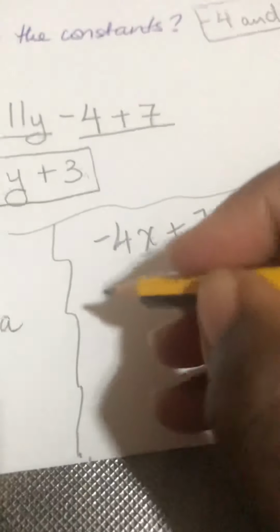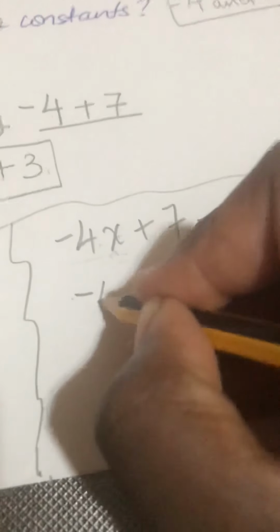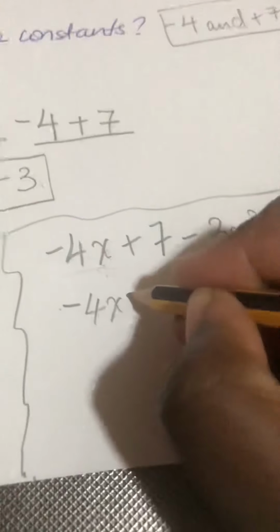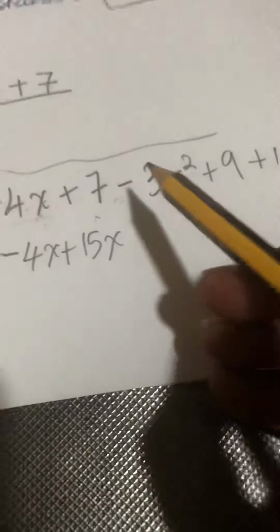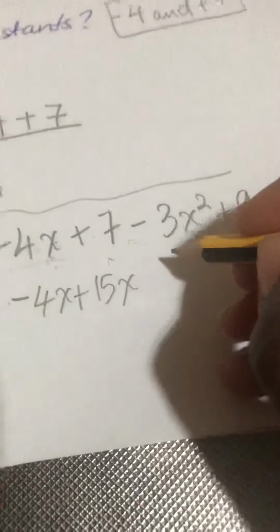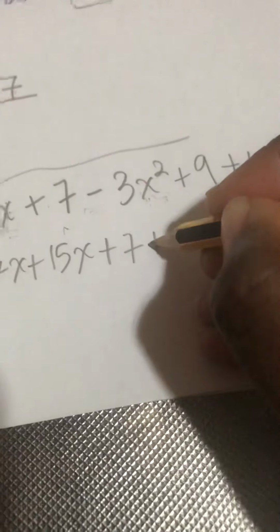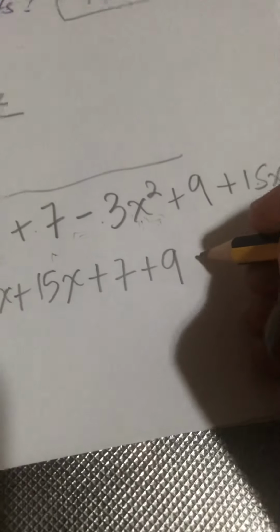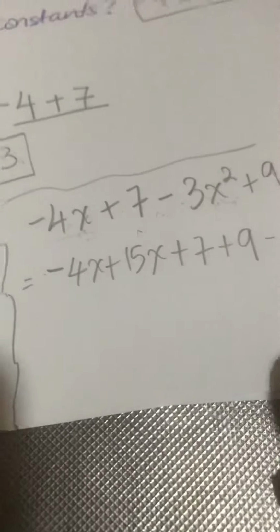So now I put my like terms together by using the commutative property. Negative 4x will become friends with positive 15x. Okay? Then I will put positive 7 with positive 9. And then I will bring negative 3x squared. Okay?